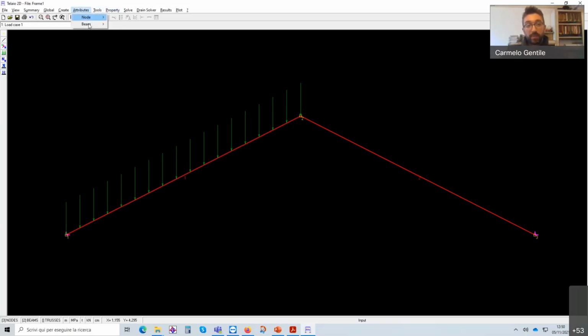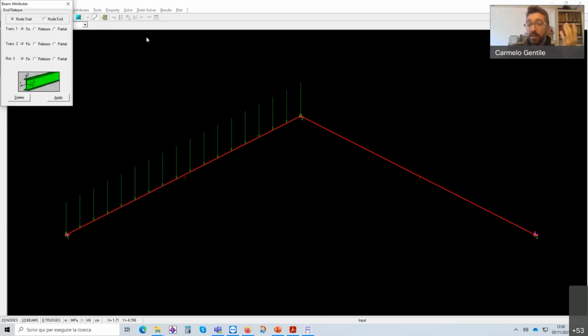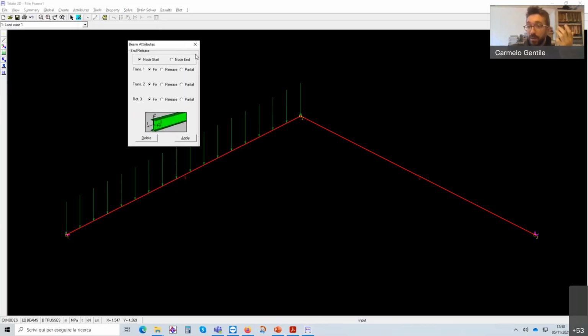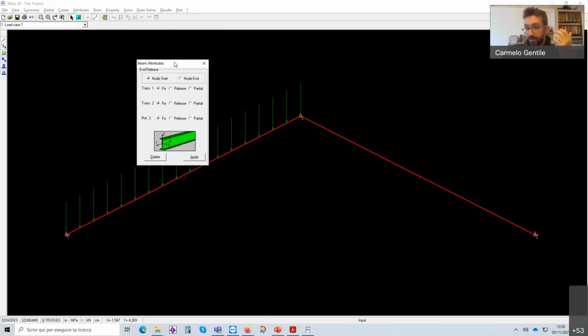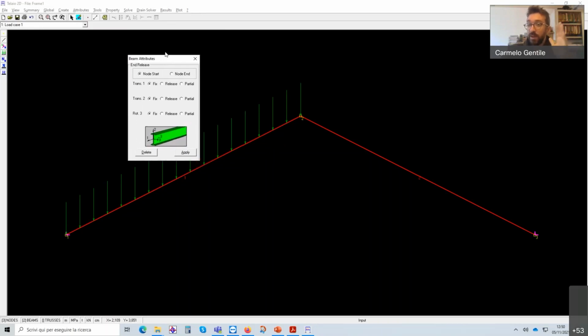Attribute, beam, and release. So we are releasing one or the other end of the beams. Releasing means allowing motion. Okay, so we are releasing internal restraint. And this is what we need.